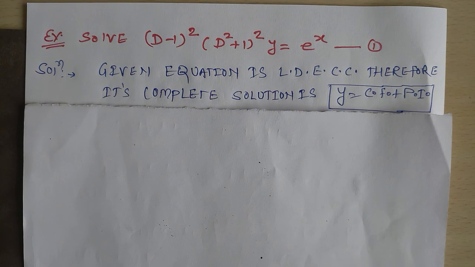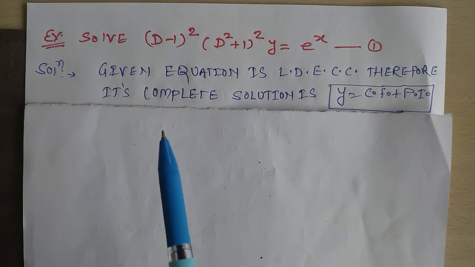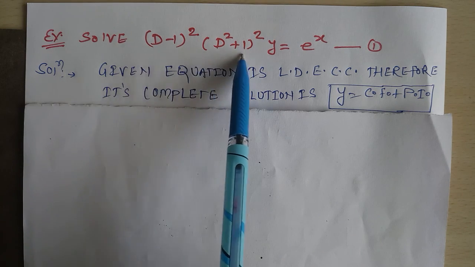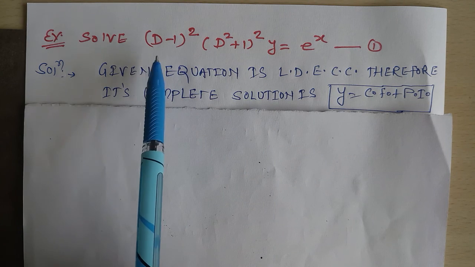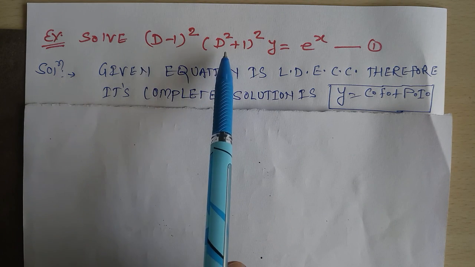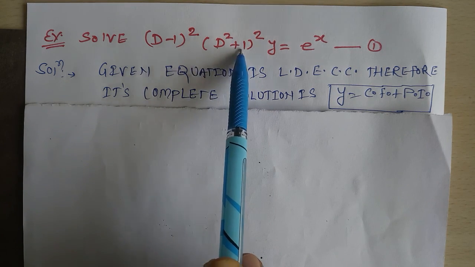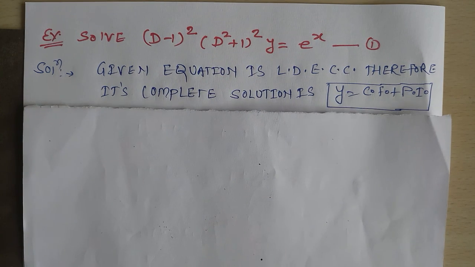First we find the complementary function CF, and therefore we write the auxiliary equation, which can be obtained by simply D replaced by m in this function of D and equating to 0. Then we get (m minus 1) whole square into (m square plus 1) whole square equal to 0.